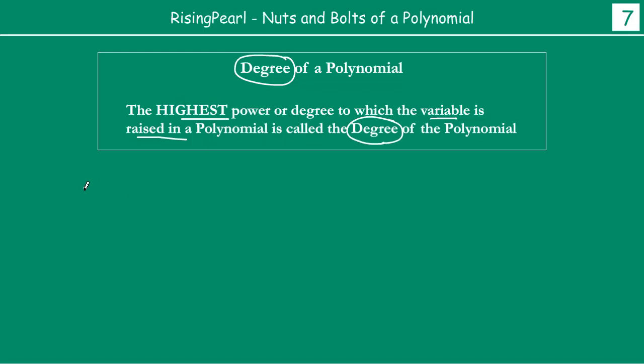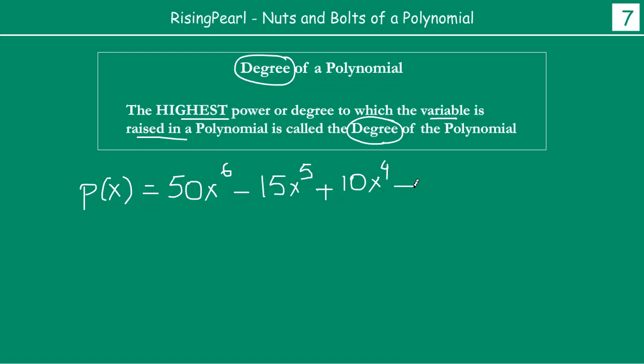चलिए एक polynomial लिखते हैं, मान लीजिए px is equal to, we write something like 50x^6 minus 15x^5 plus 10x^4 minus 20x square plus 3 by 2.